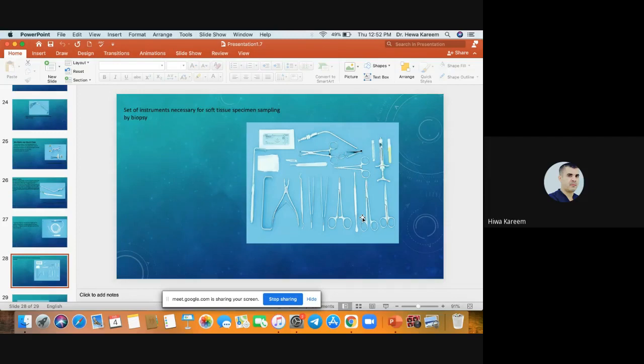And this is what you need when you take a biopsy or surgery.